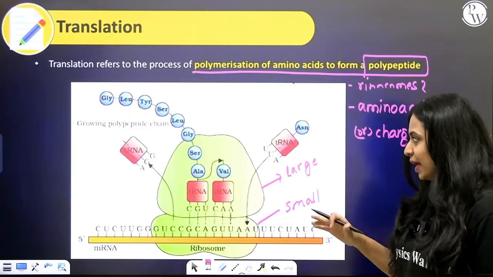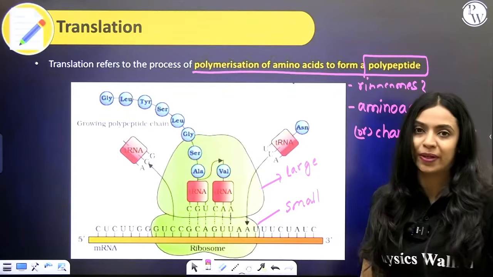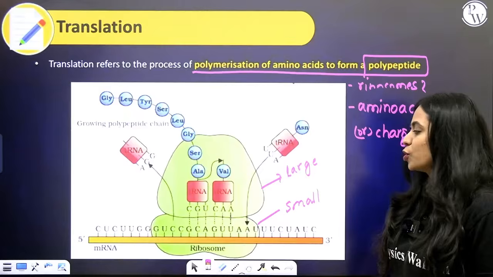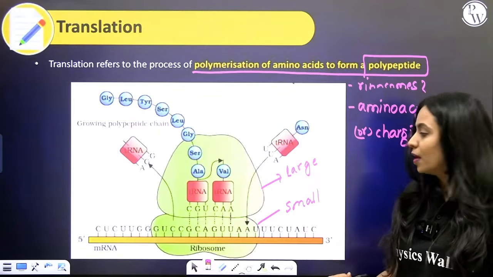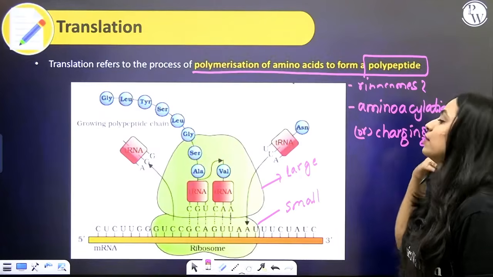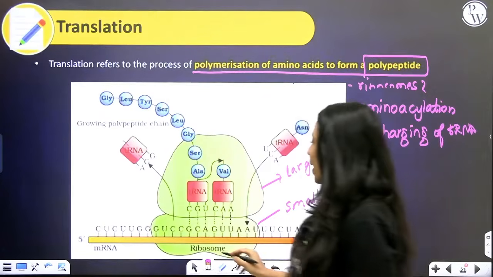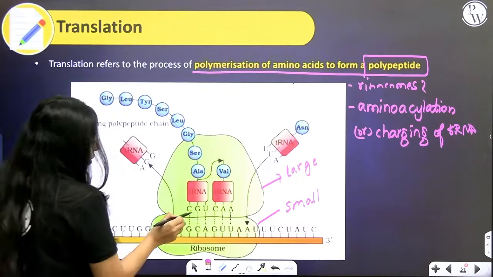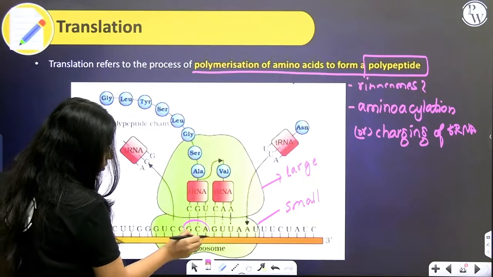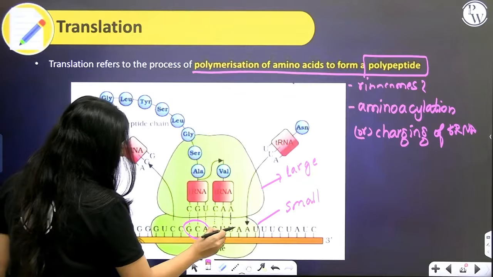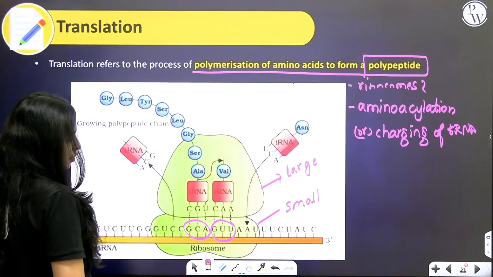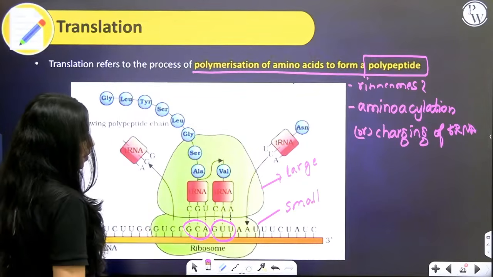Then the large subunit will come and bind to it. Within the ribosome, there's enough space for two tRNAs to fit. So the first tRNA will come and bind to one side, corresponding to the codon. In the next site, the next tRNA carrying the next amino acid will come and bind.